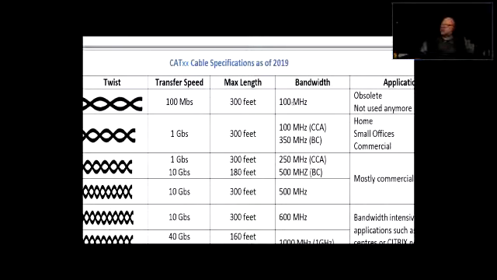Analog transmission describes the frequency of, let's say, a carrier signal that can be injected into this transmission line and transmitted over it and still be understood on the other end.